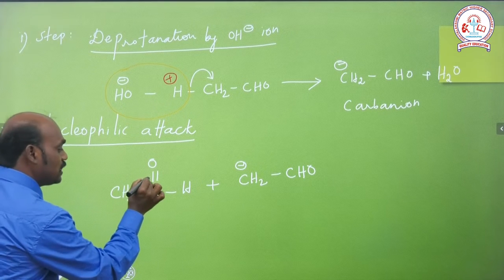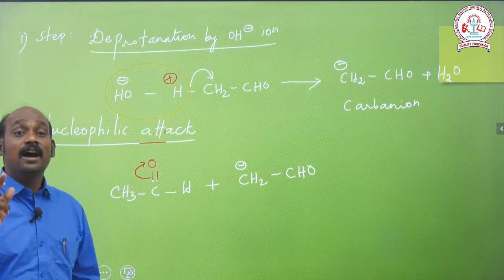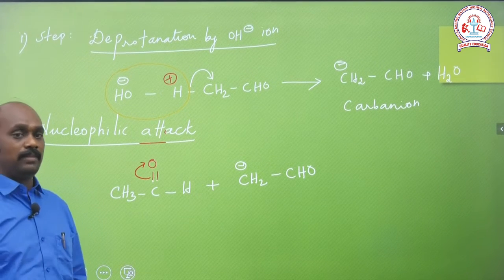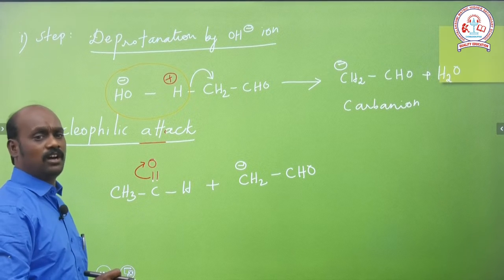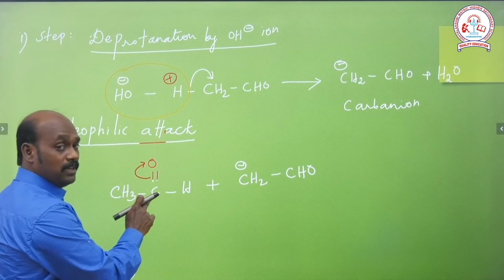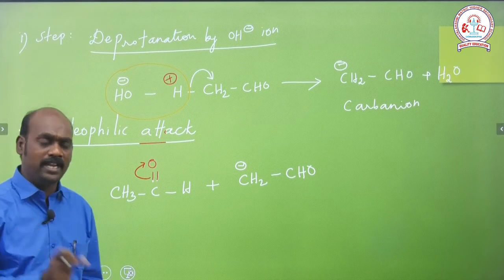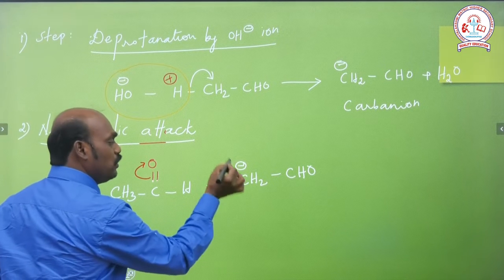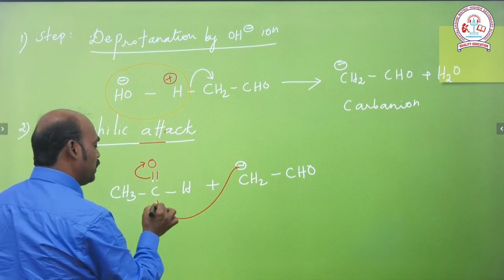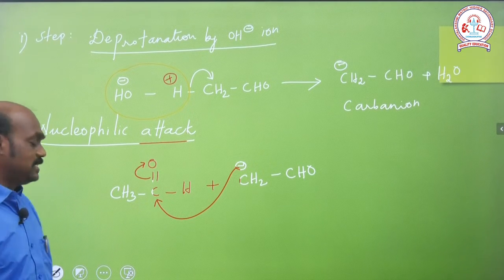So these electrons are shifted to the oxygen atom, and the carbon becomes an electron deficient carbon. If oxygen gets a negative charge, automatically the carbon gets a positive charge. So the nucleophile will attack the electron deficient carbon center.